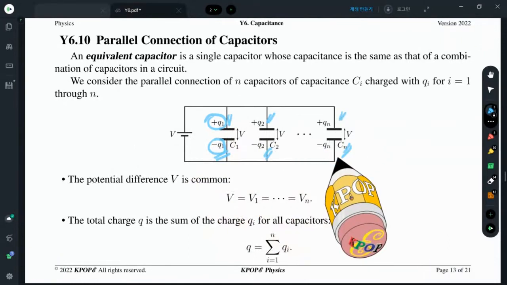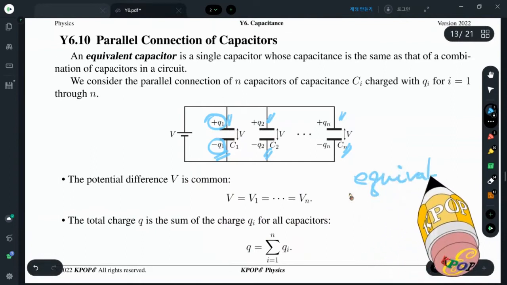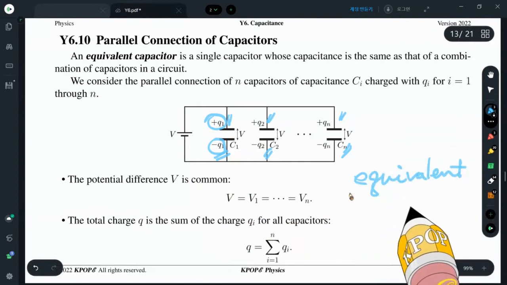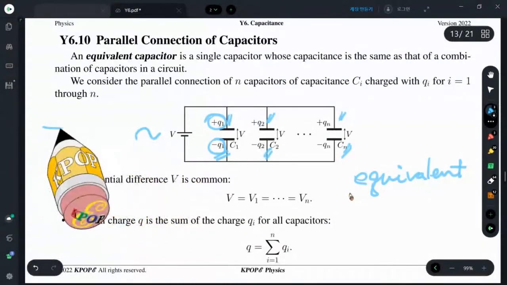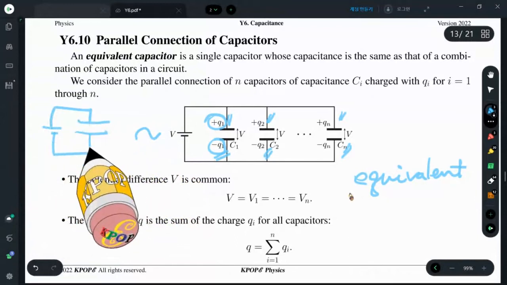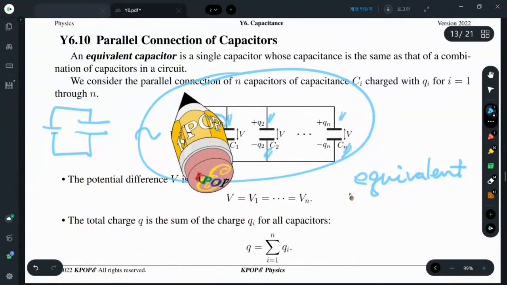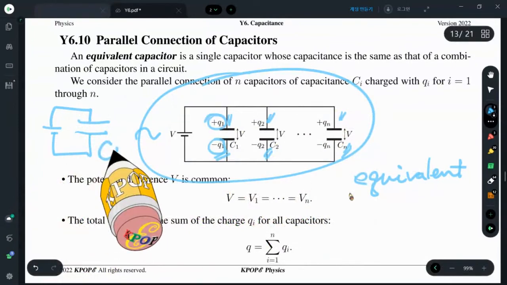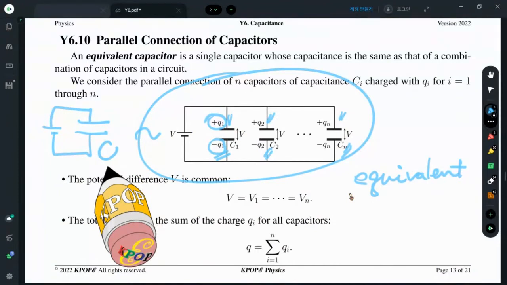We can consider an equivalent capacitor. That means it is the same as a single capacitor. So we are interested in simplifying this composite system as a single capacitor. So what is the capacitance of this? That is the question.